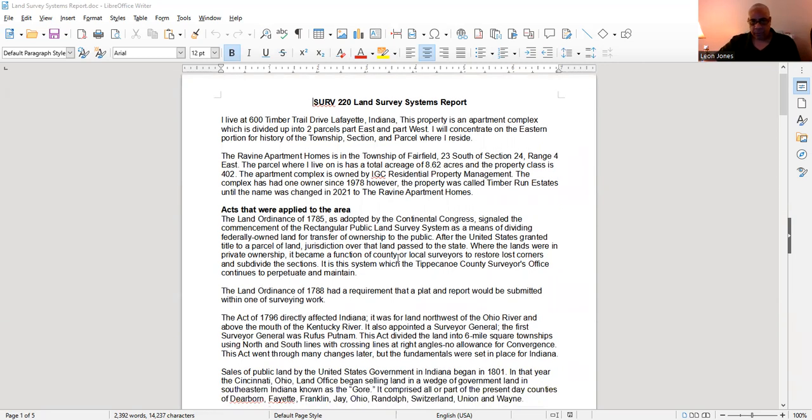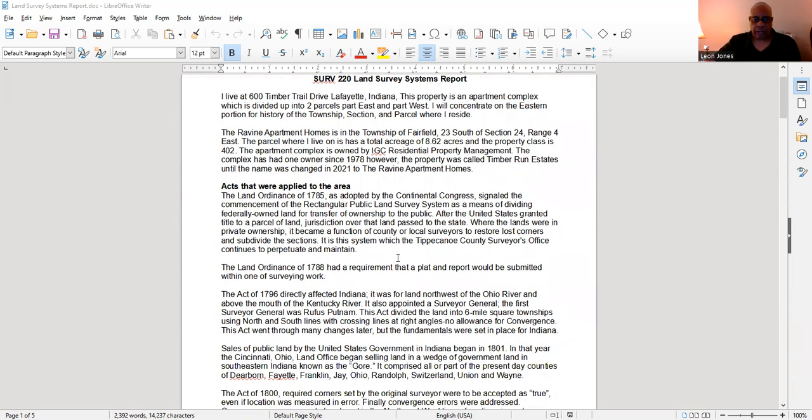Now, acts that were applied to this area: the Land Ordinance Act of 1785, again, as adopted by the Continental Congress, it signaled commitment to the rectangular public land survey system as a means of dividing federally owned land to transfer for ownership to the public.